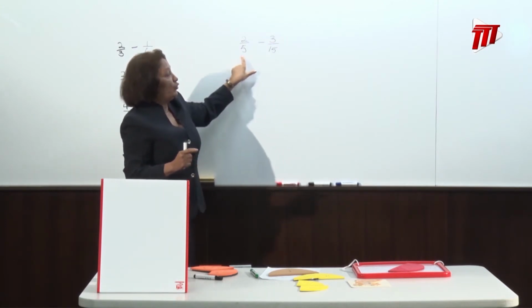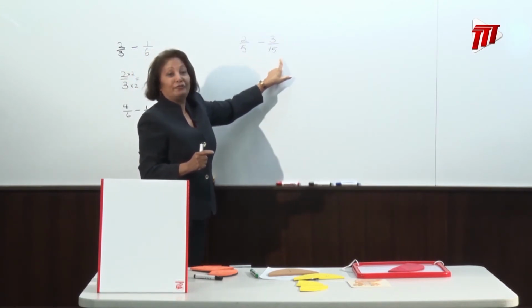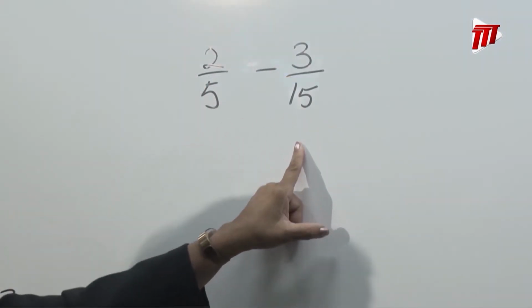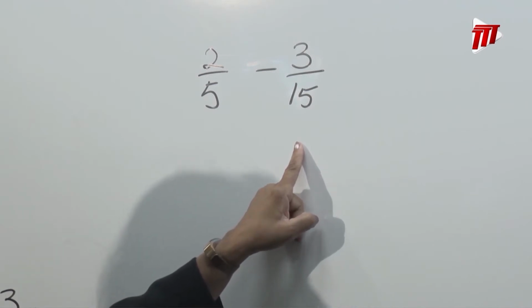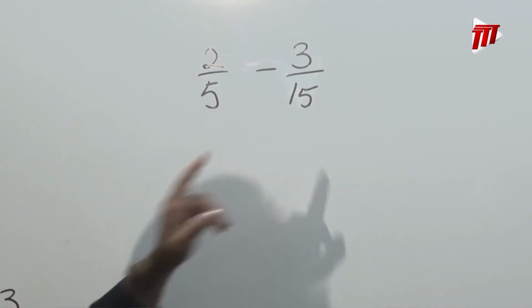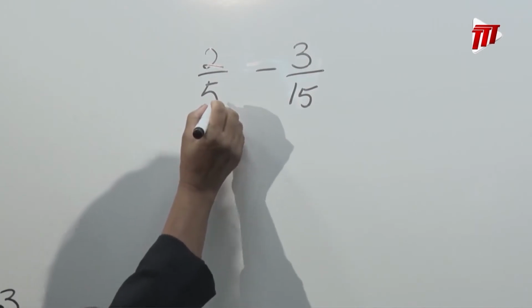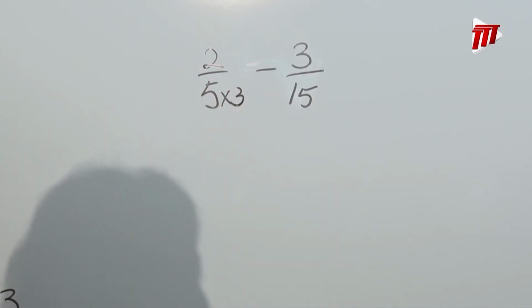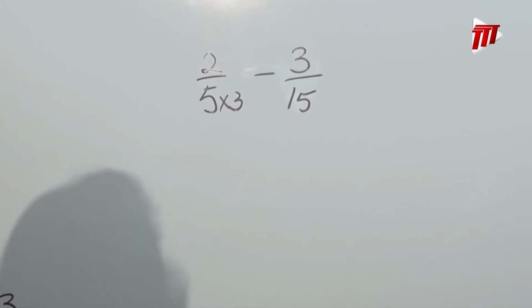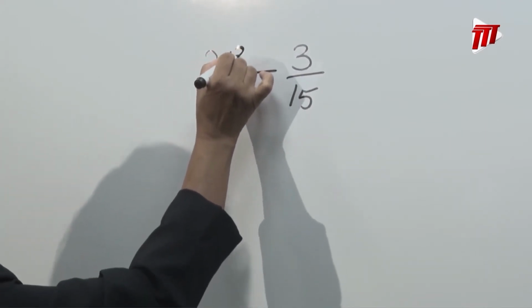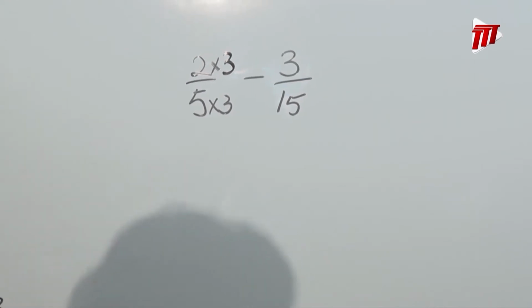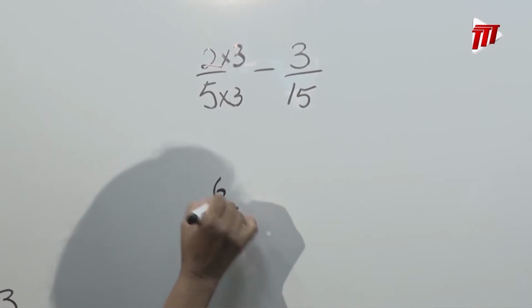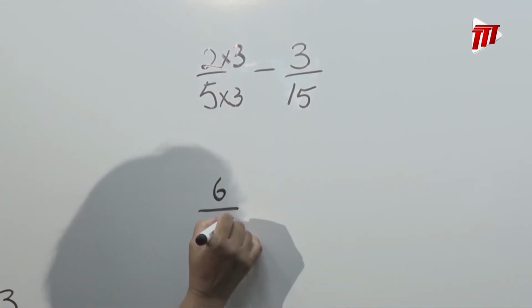So in going from 5 to 15, I would have to multiply by what? 2? No. Multiply by 3. Very good. So I could multiply by 3 here. And if I multiply the denominator by 3, I'm going to have to multiply the numerator by 3 as well. So 2 multiplied by 3 would give me 6. 5 by 3 would give me 15.